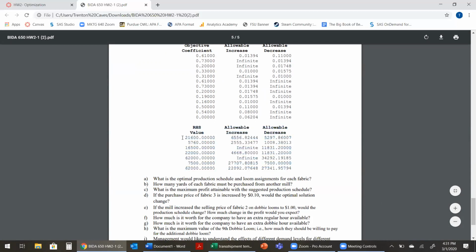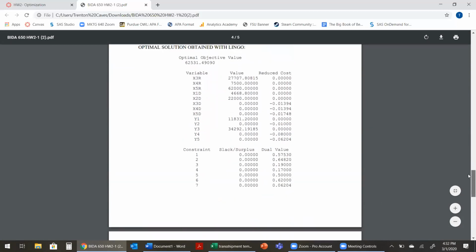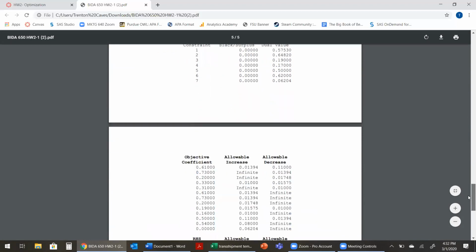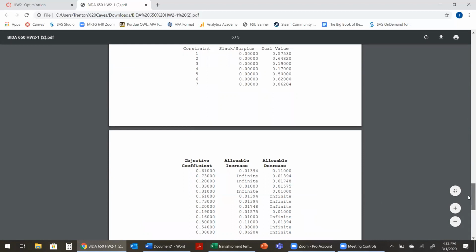These are your constraints 1 through 7. And your objective coefficients, these all correspond with your X3R Y5s. So just writing the numbers, transposing them from one section to another will help you keep track in your mind of what corresponds to what.